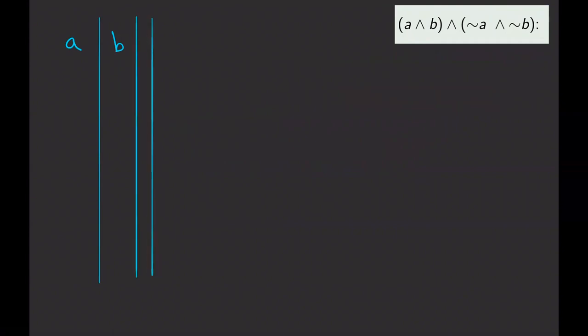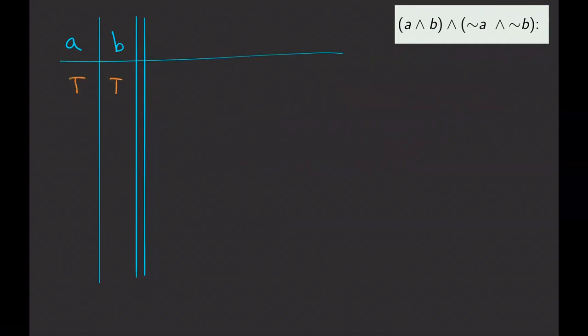So we'll start off with our A and our B. For some reason, it's not liking those double lines there. All right, so we've got our A and our B, and let's fill out the standard TT, TF, FT, and FF. And now let's go down the line.